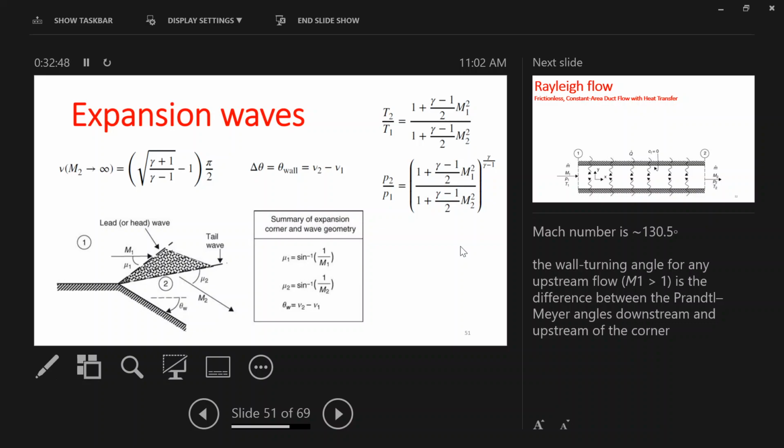And we can also have the pressure ratio, P2 over P1, equals ((1 plus (gamma minus 1) over 2 times M1 squared) over (1 plus (gamma minus 1) over 2 times M2 squared)) to the power gamma over gamma minus 1.